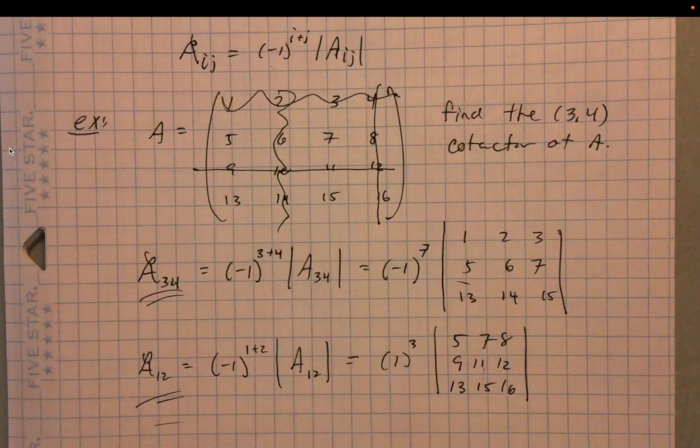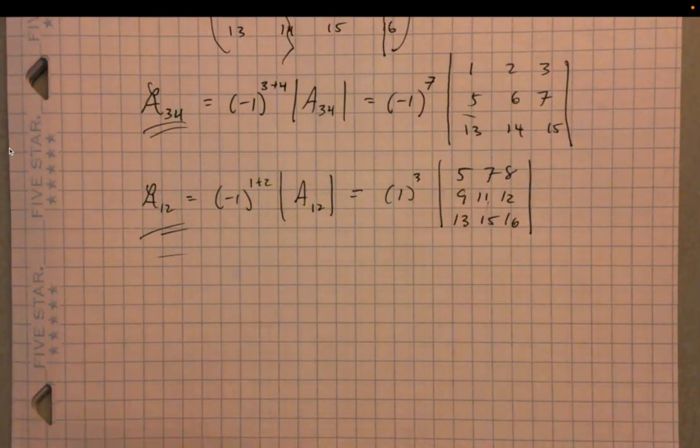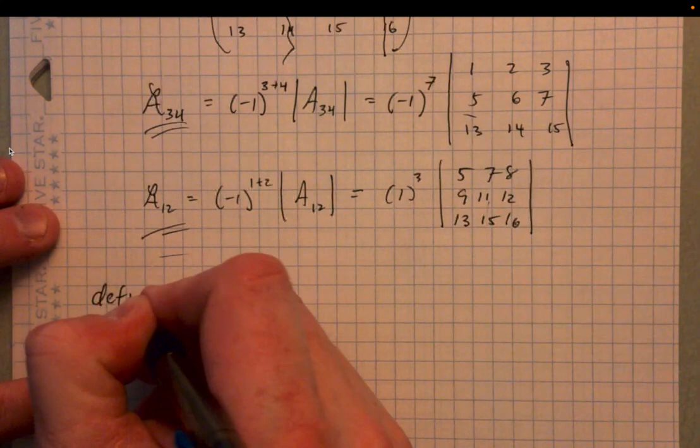Given this, let's actually define the determinant, and then we'll talk about some of the issues that arise with it. The determinant can be defined in terms of these cofactors, minors, and submatrices. Here's the best, most general definition.